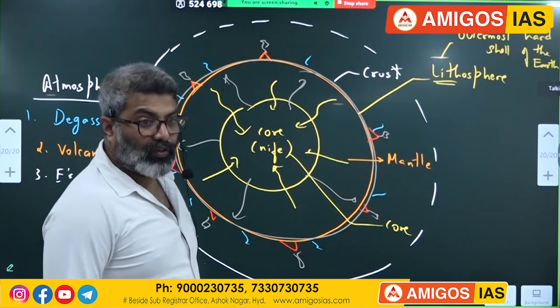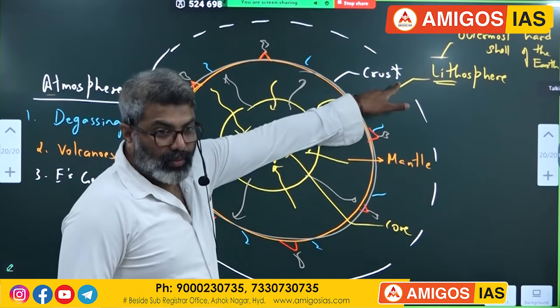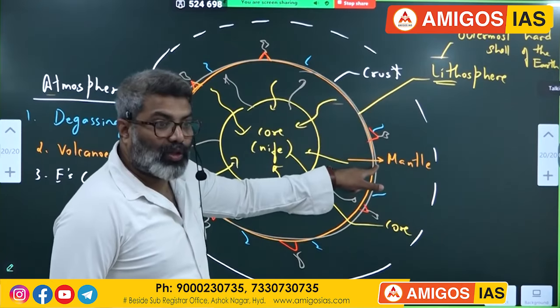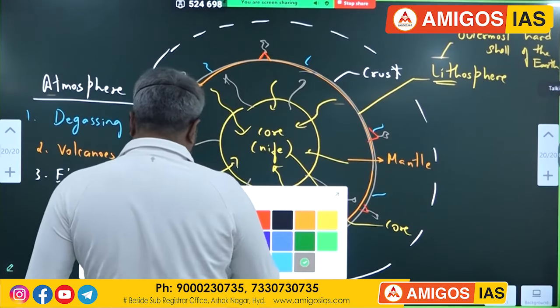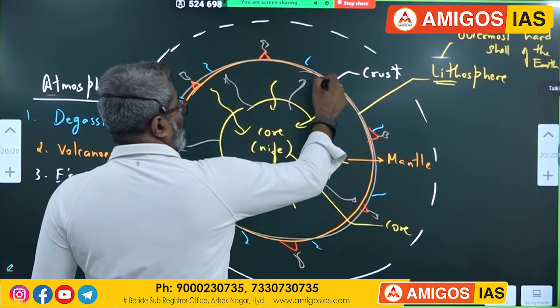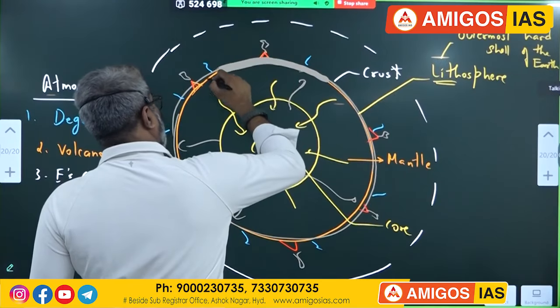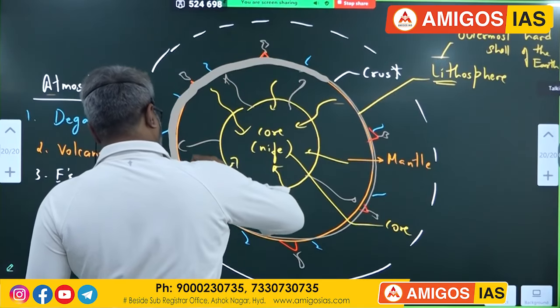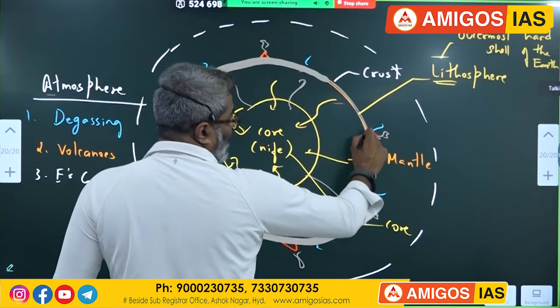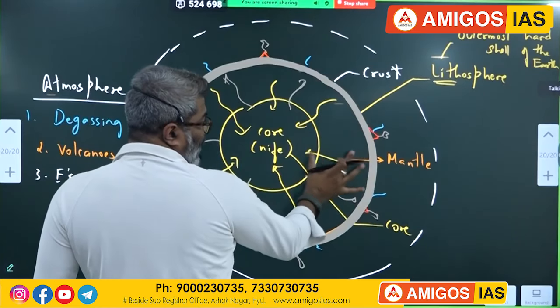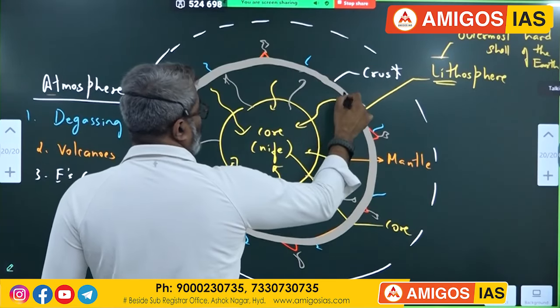So lithosphere consists of, see, crust mainly and a small part of the mantle also. I want you to see this. All of you see the board, please. This part. Crust and part of the mantle. So I am increasing the thickness. It contains crust and a small part of the mantle.